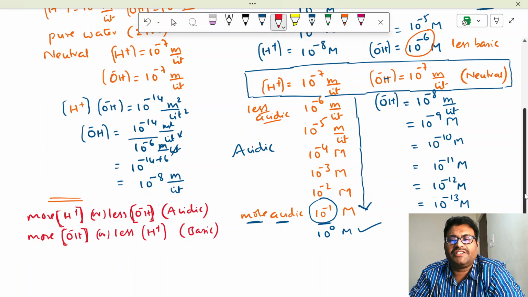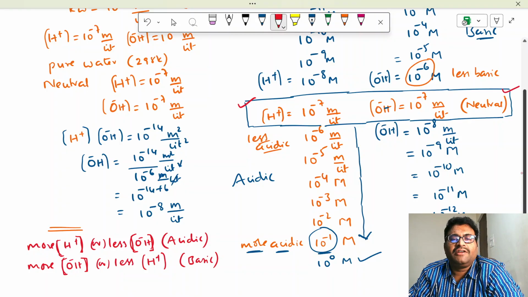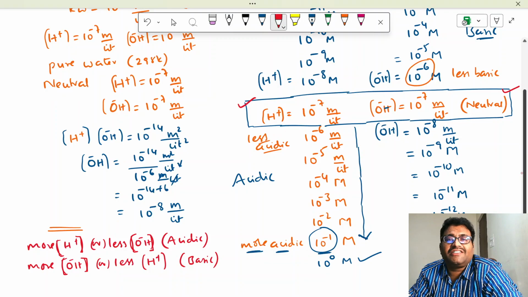And if H plus is 10 power minus 7 and OH minus is 10 power minus 7, that will be neutral. At what temperature? 25 degrees centigrade. If you change the temperature, H plus changes as well as OH minus also changes. Already we have studied that on increasing temperature, H plus decreases, the same OH minus also decreases.